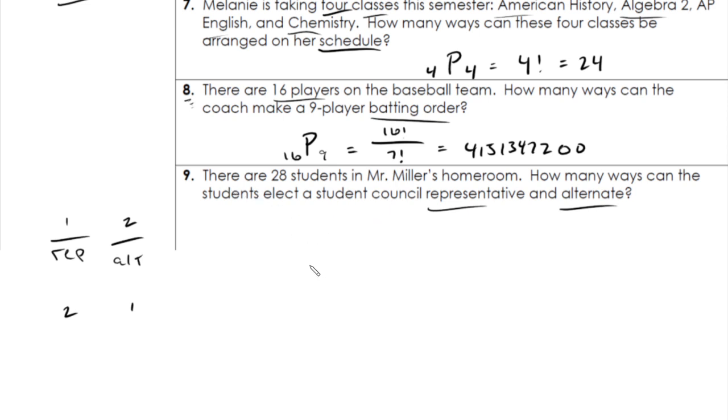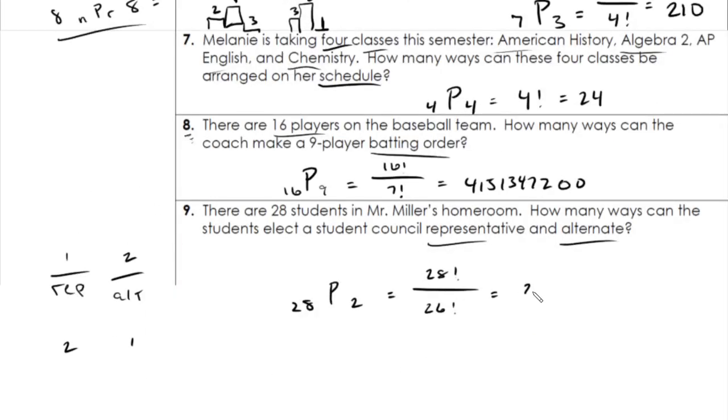So you're going to have 28 possible. This is a permutation, and you're choosing 2 at a time. This one's easier to do by hand: 28 factorial over 28 minus 2, which is 26 factorial.